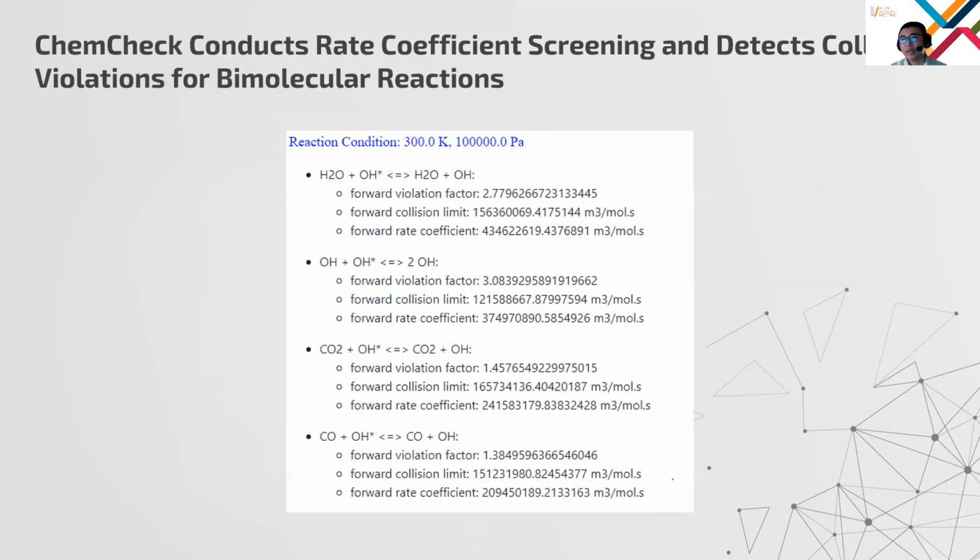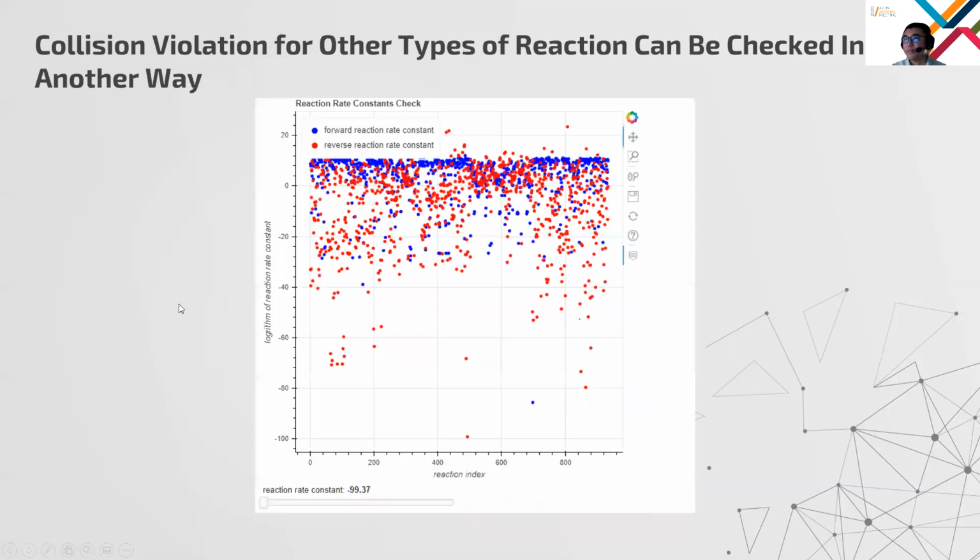And some models may have non-realistic rate parameters, which generate a very high reaction rate, higher than the collision limit. So Chemcheck will check these models and these reactions and report the rate constant, the forward or reverse rate coefficients, the calculated collision limits and the violation factors on the web, if any violation is detected.